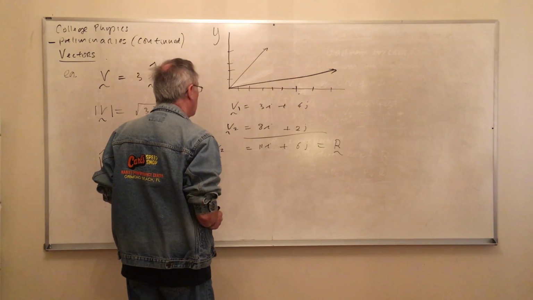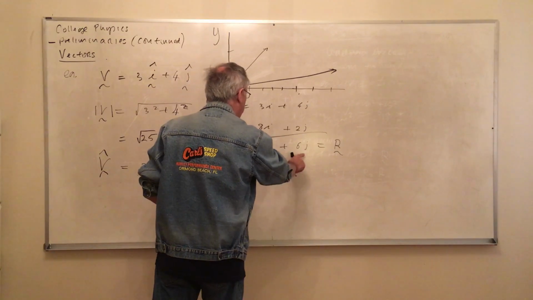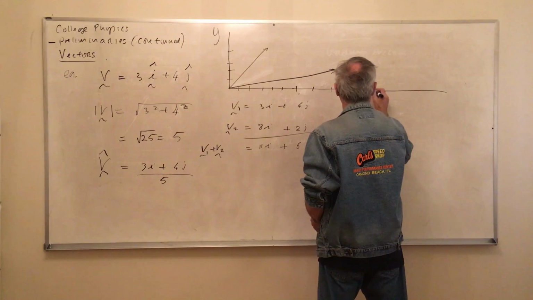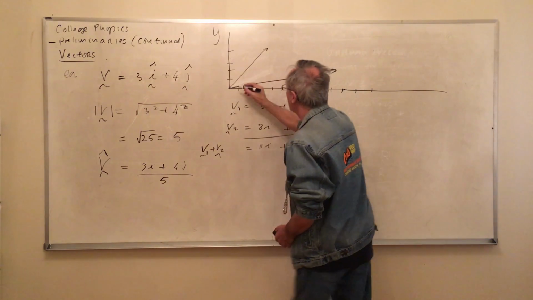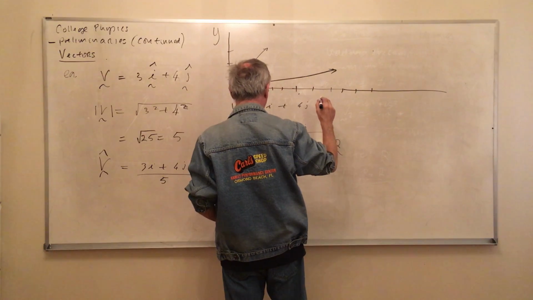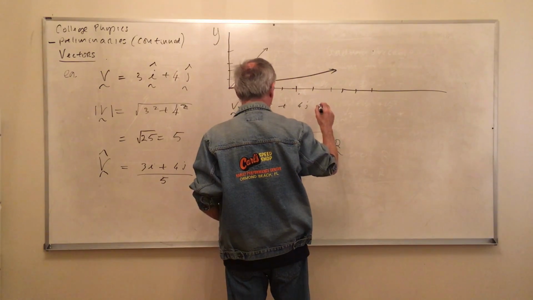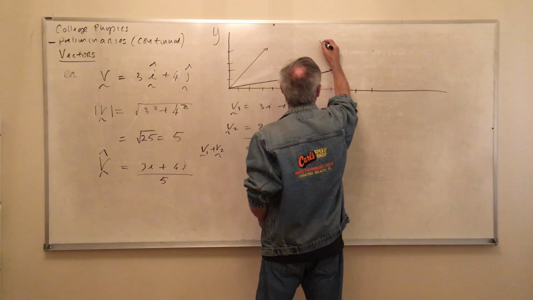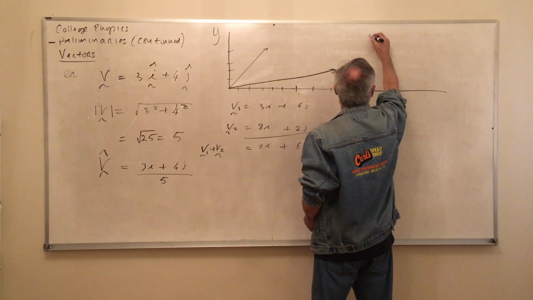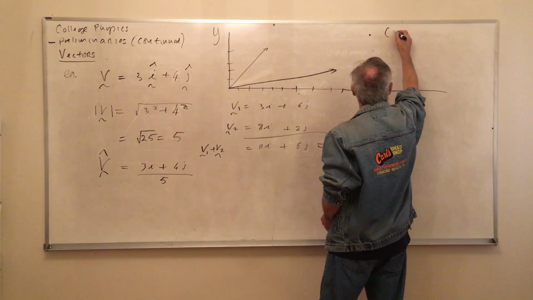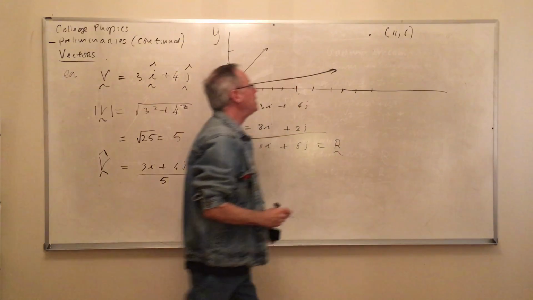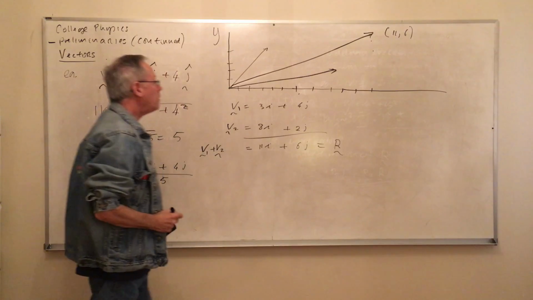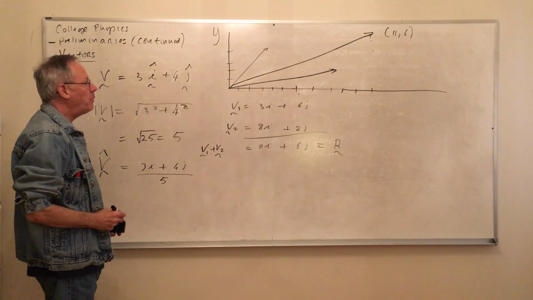So, where is this vector? 11i plus 6j. It ends on the point 11, 6 and we'll put it in. So, here's our resultant.